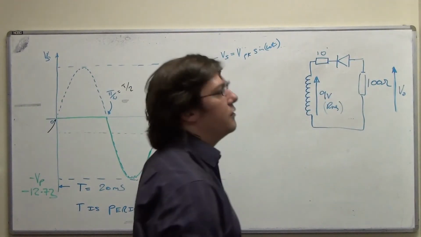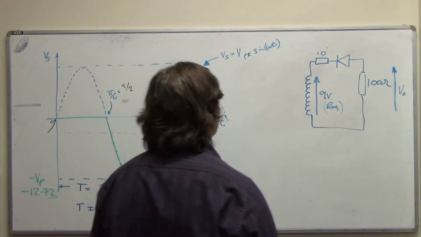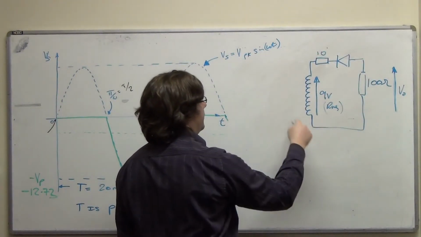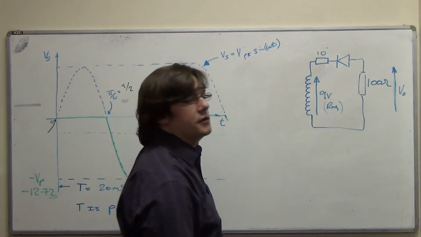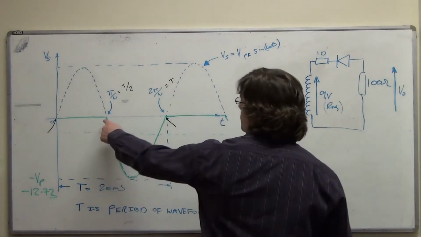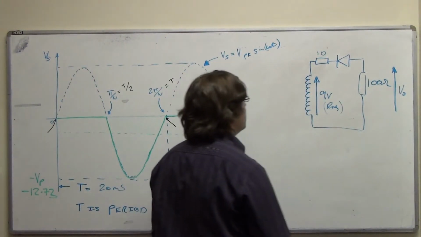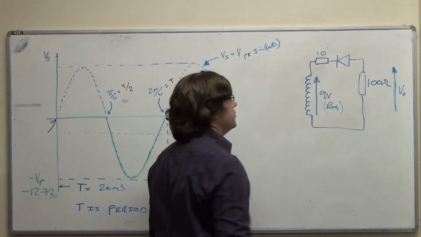Right, this is nothing more than a potential divider in disguise, because the transformer secondary is just behaving like a voltage source. The diode is on for all of this period here, which is the interesting bit. So it's on and there's no voltage across it.